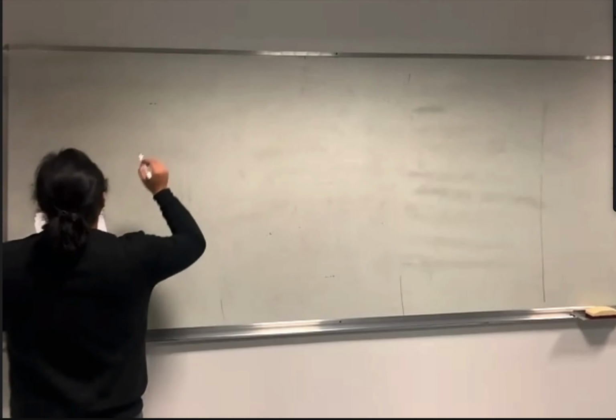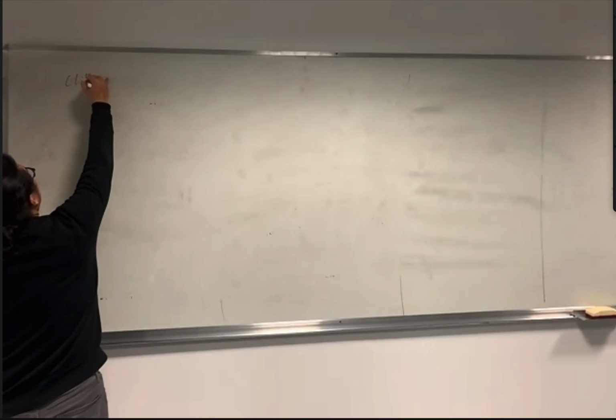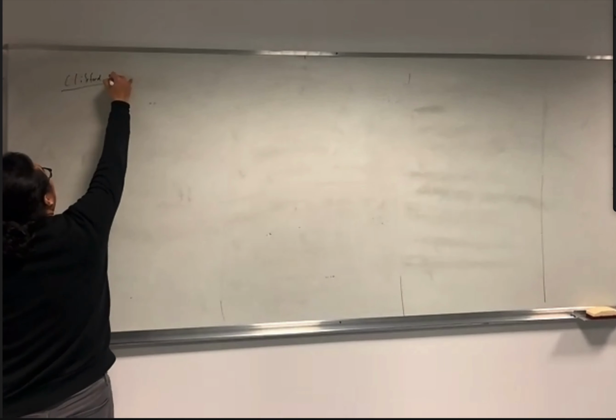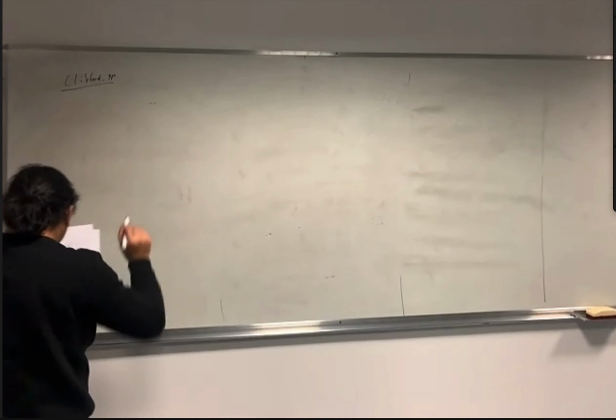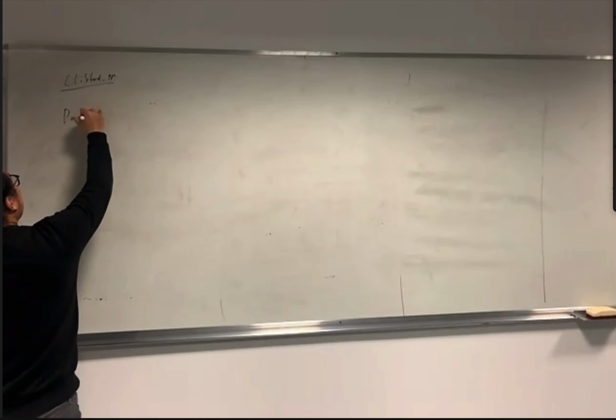But first, we need to know what Clifford groups are, because that's the main object with which you can construct nonlinear stuff. First, what are Pauli groups?